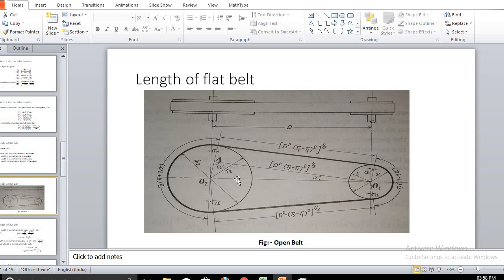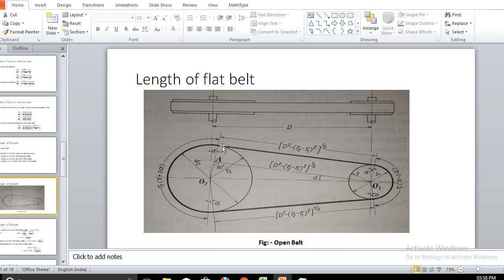If you look at this diagram, around the larger pulley the belt touches at this location and at this location, and around the smaller pulley the belt touches at this location and at this location.